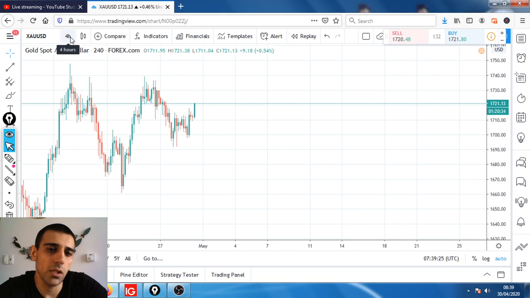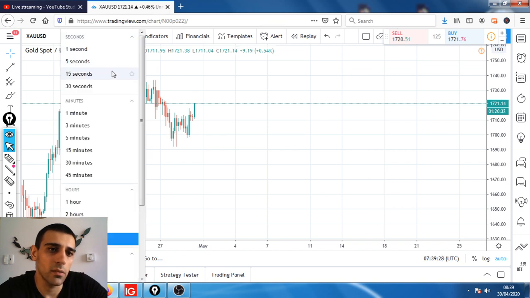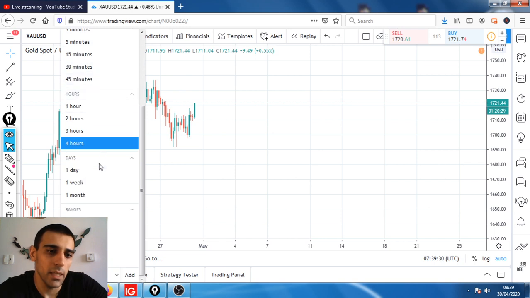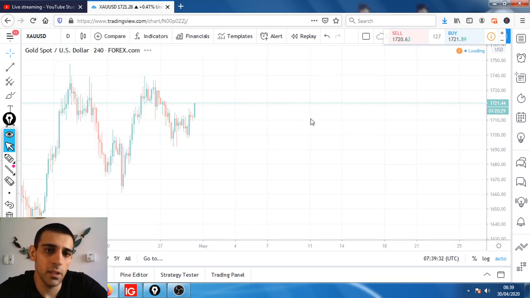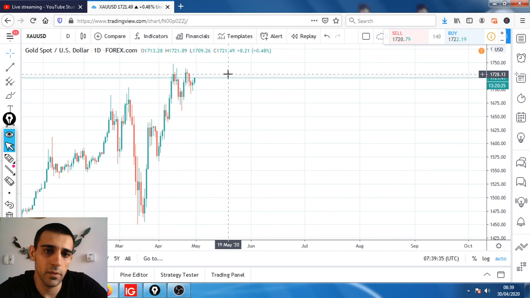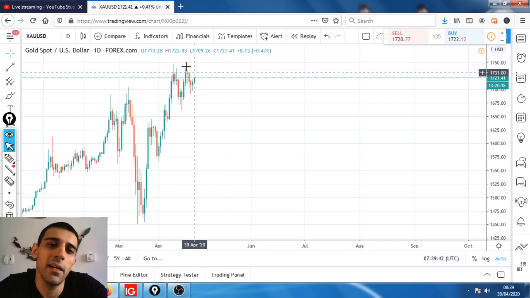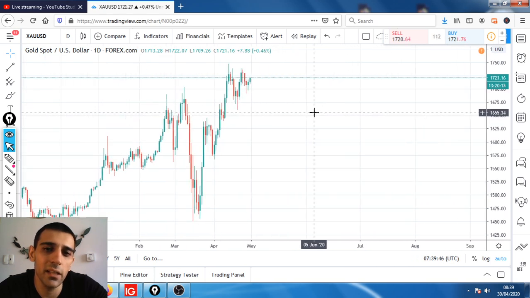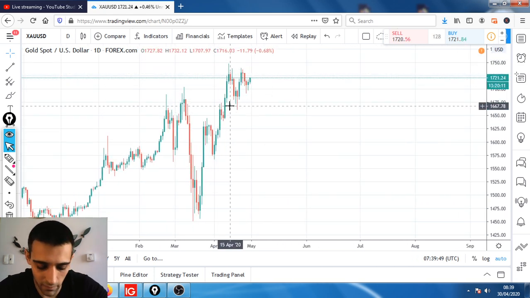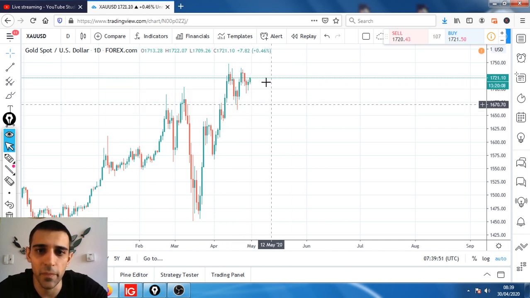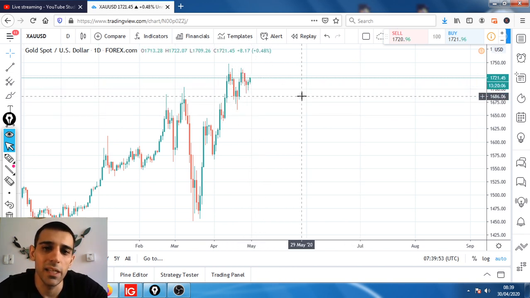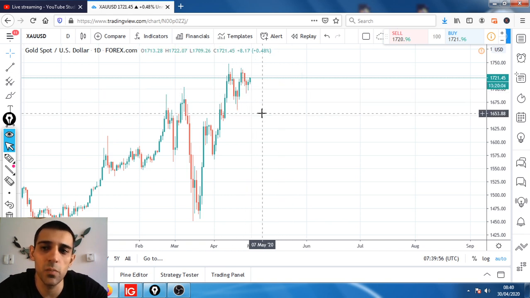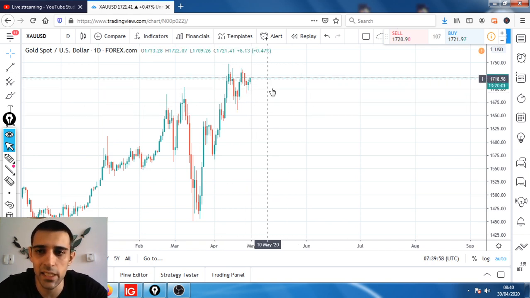Let's go to the shorter time frame. Let's see if we can use this as a target, at this level, 1730. This currency pair to speculate on generally takes a long time, and you need extreme patience, because the pip range is not that good unless you're putting a very large size on it.